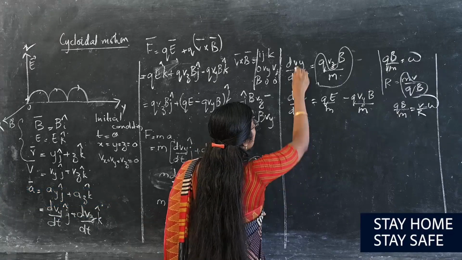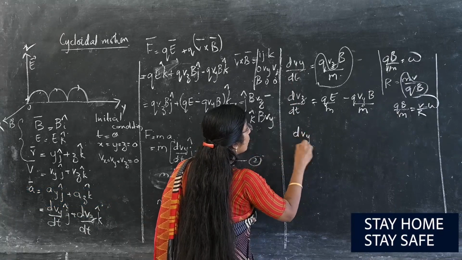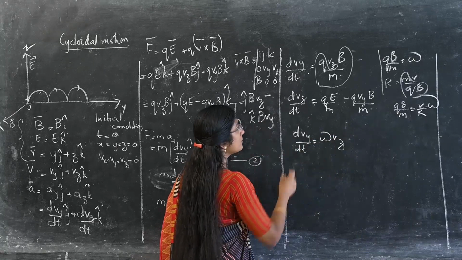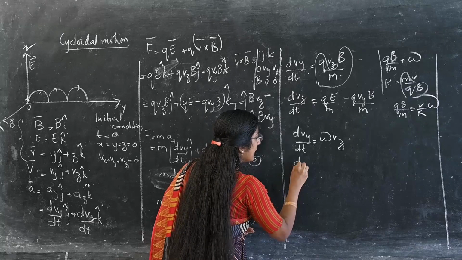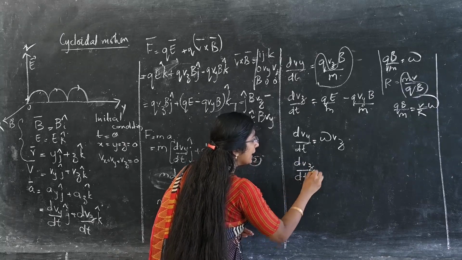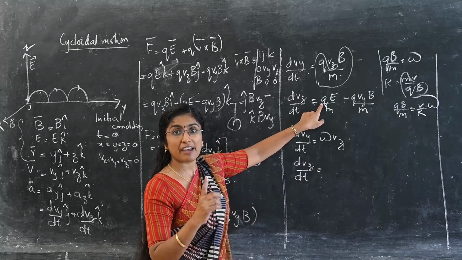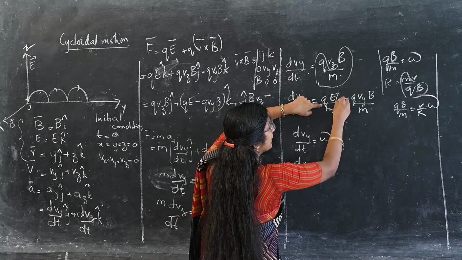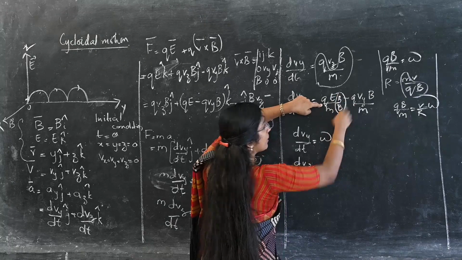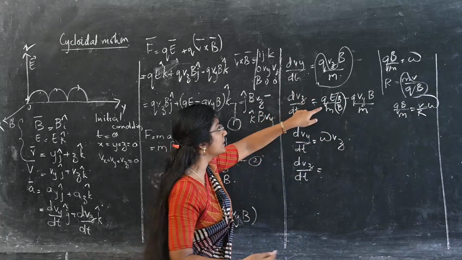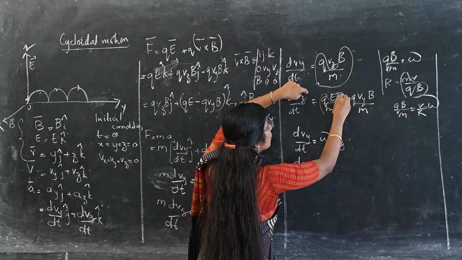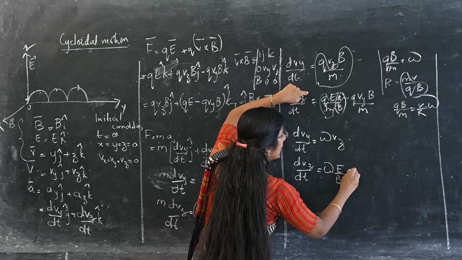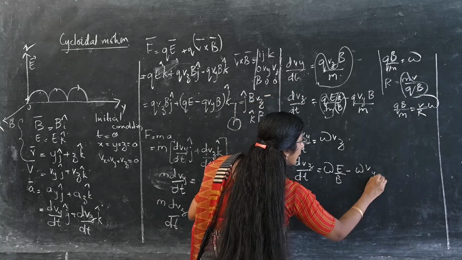So the first equation becomes dVy by dt is equal to omega Vz, and the second equation becomes dVz by dt is equal to, the first term does not have a qB by m factor, but I introduce one by multiplying the numerator and denominator by B. It does not make any change, and I isolate out qB by m, so that I can write it as omega E by B minus omega Vy.